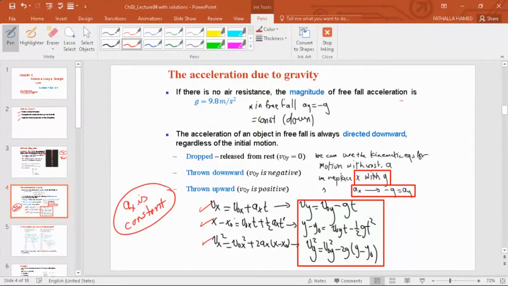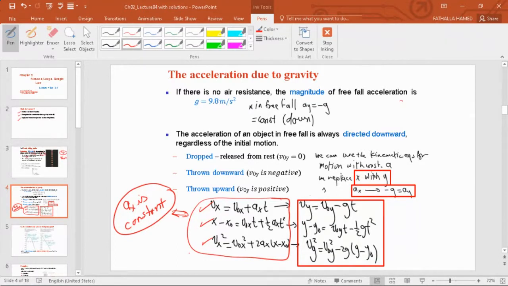Then we have a third equation, which relates velocity and position: vx squared equals v0x squared plus 2ax times (x minus x0). These three equations we derived in the last lecture under one condition, that the acceleration is constant, and they describe the kinematics for us along one dimension.